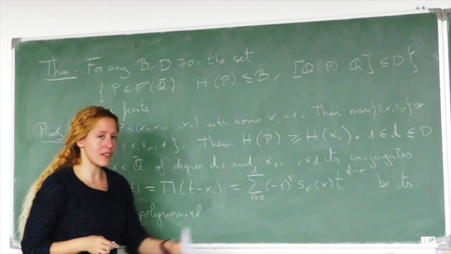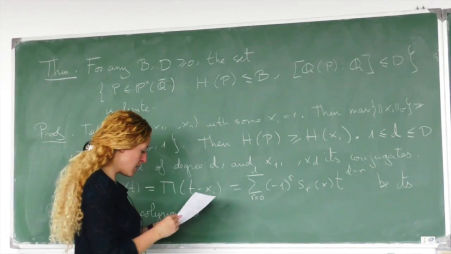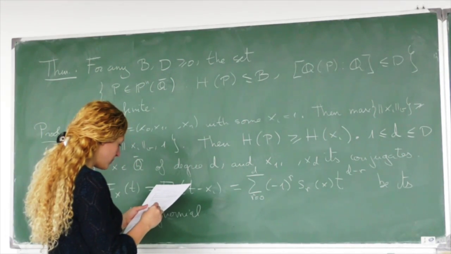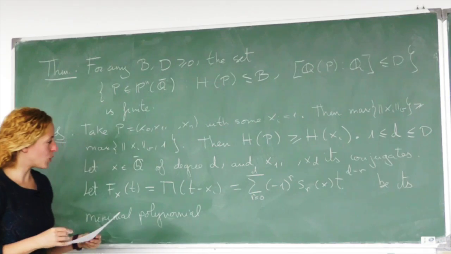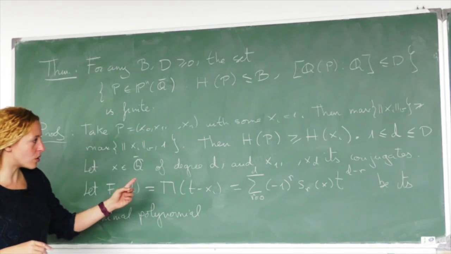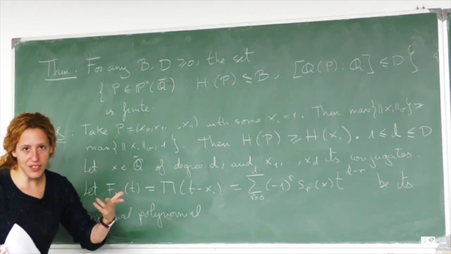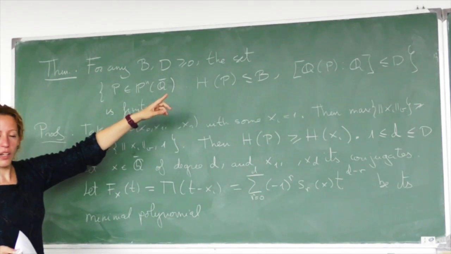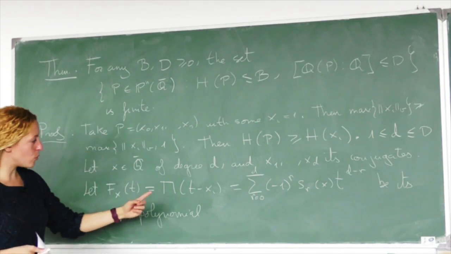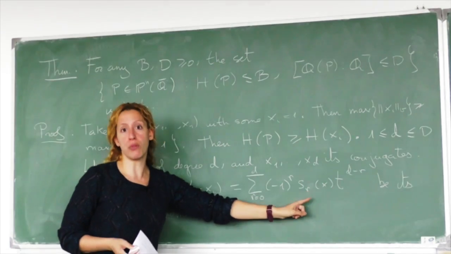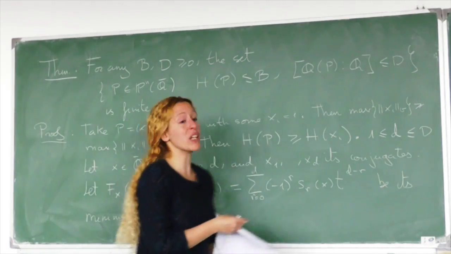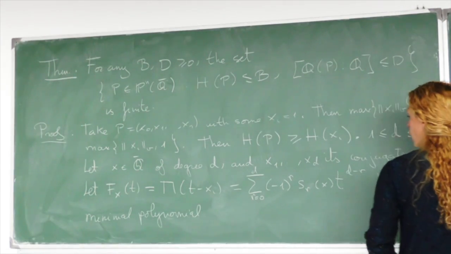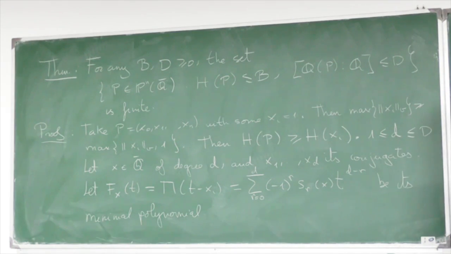Those are the symmetric functions. Now, this is a strategy: basically we want to bound the height of the point, so what we want is to bound the coefficients of the polynomial defining the point, well, its coordinate. Okay, so I keep going with the proof here.